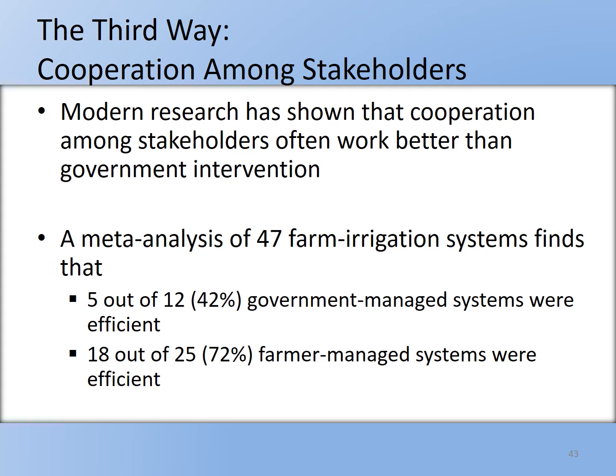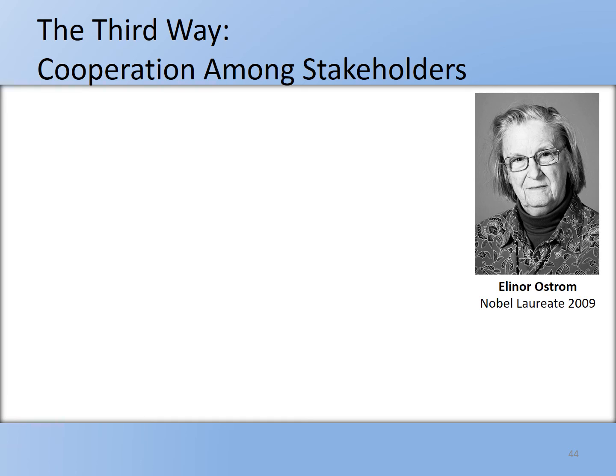Turns out, kind of against what economists' intuition used to be, when people cooperate among themselves, it's actually much more efficient than government intervention. Because government intervention is usually not very flexible, right? And it involves bureaucracy. Private cooperation works better because of that.